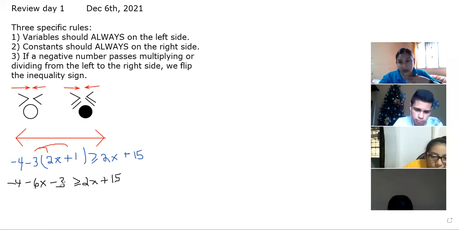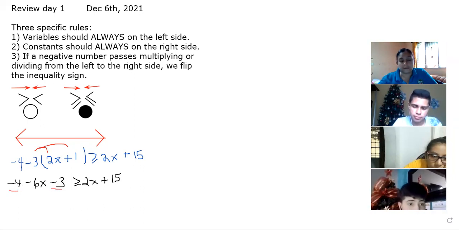Now you have two options. You can either simplify, if possible, either side. You need to check if you can simplify, or you can go ahead and do the rules. In this case, I will go ahead and simplify before, because I have -4 and -3.